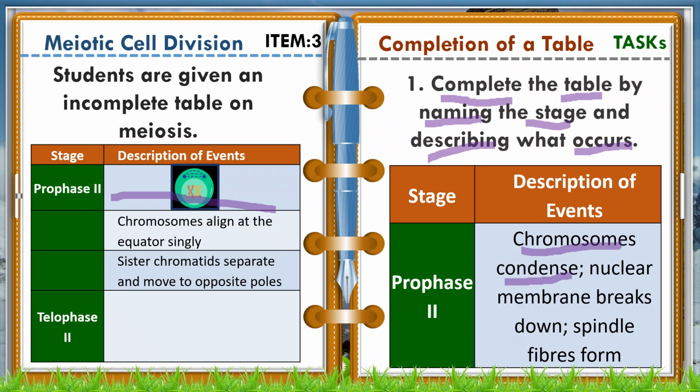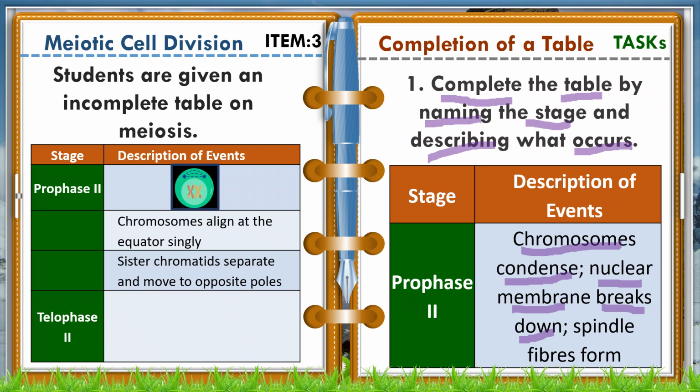By condensing, we mean they become shorter, as you are seeing right here. You can see that the chromosomes become visible. And then the nuclear membrane breaks down. During prophase 2, the nuclear membrane which is surrounding the chromosomes is going to break away.